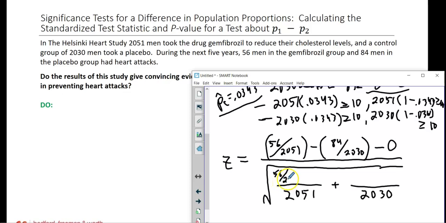I just didn't want to get out my calculator. 2051 times 1 minus 56 over 2051. Then the next one was 84 divided by 2030 times 1 minus that. Their formula looks slightly different than the way I'm writing it, but it should work out the same. So let's see what z is.